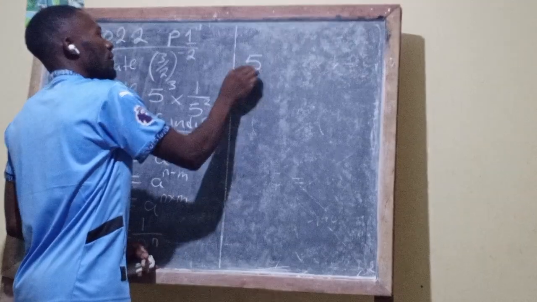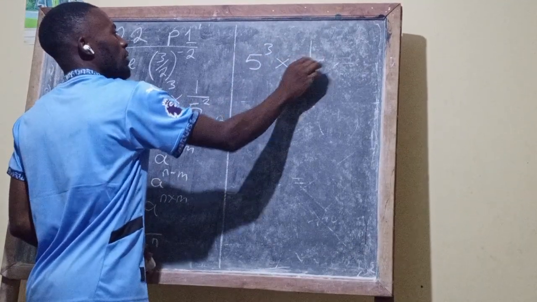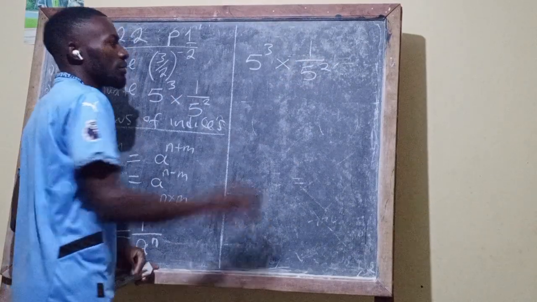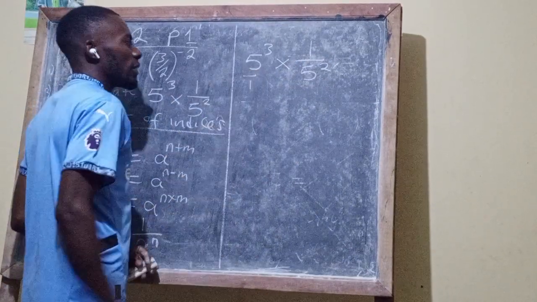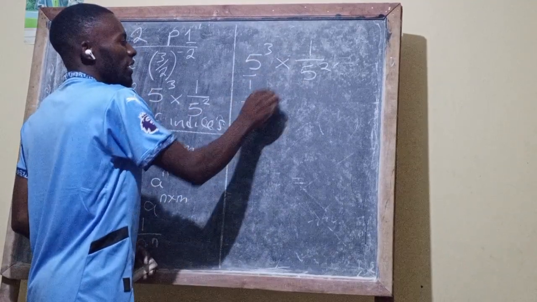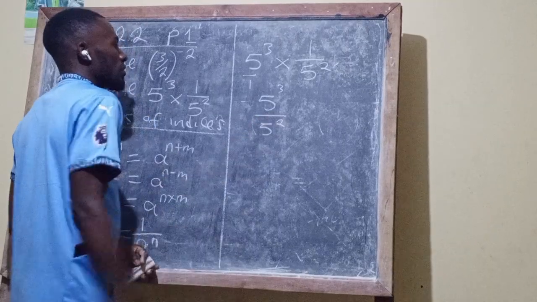So we have 5 to the power 3 multiplied by 1 over 5 to the power 2. So you can even put over 1 here as a fraction, but then we multiply these, which gives 5 to the power 3 over 5 to the power 2.